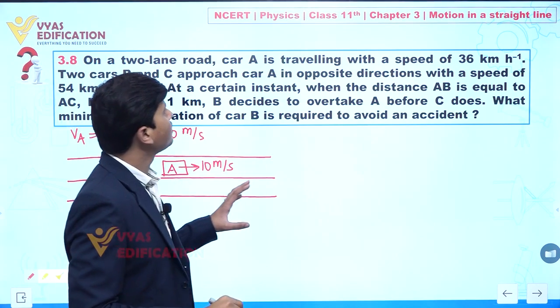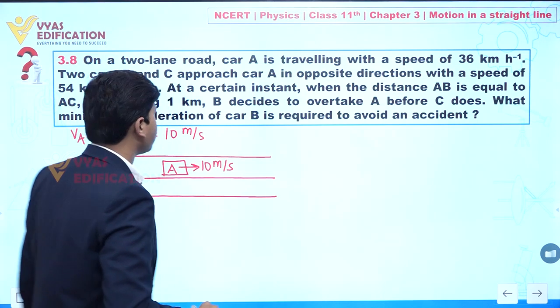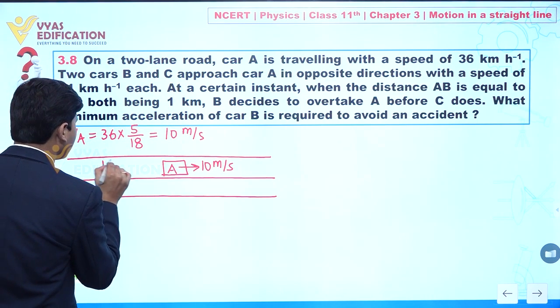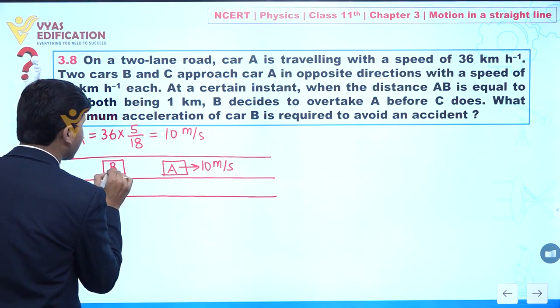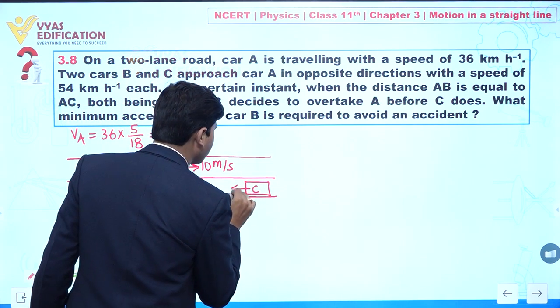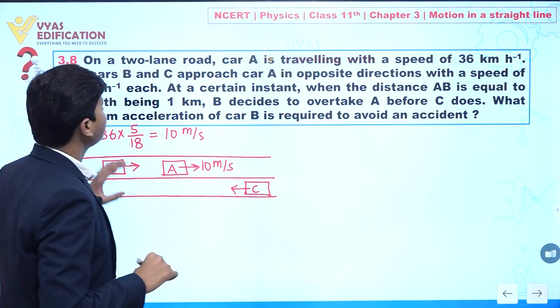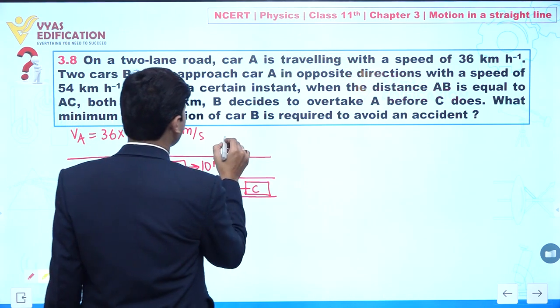Now it is given that two cars B and C approach car A in the opposite direction. Let's suppose here we have car B and here we have car C. This car is going in this direction and this car is going in this direction, clear, and their speed is given as 54 km per hour.